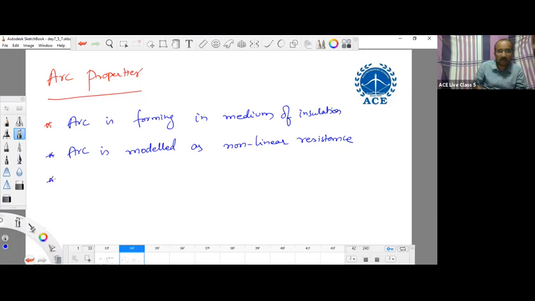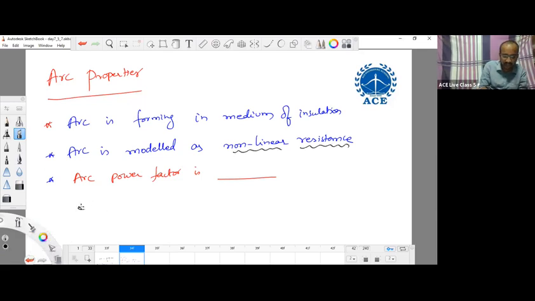Now, what is the power factor of the arc? Here the arc is modeled as non-linear resistance. As the arc is modeled as non-linear resistance, the voltage across the arc and current to the arc will be in phase.